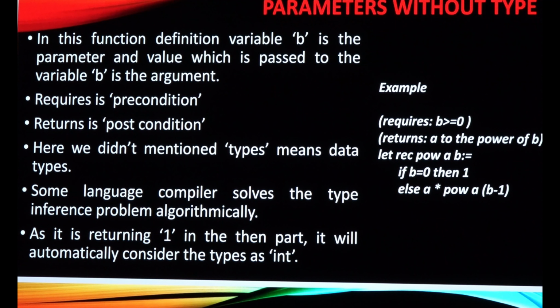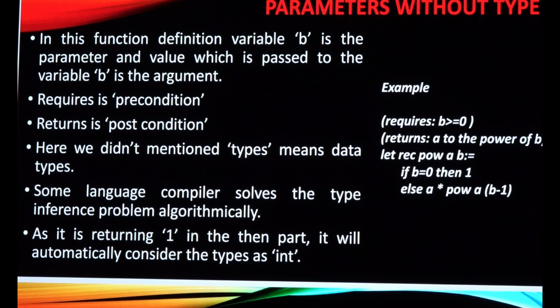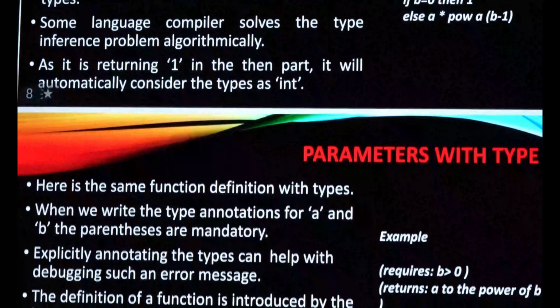So what I am saying is that some language compilers solve the type inference problem algorithmically: as it is returning 1 in the then part, it will automatically consider the type as int, in single quotes, right?